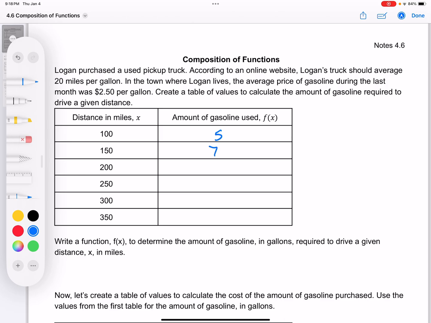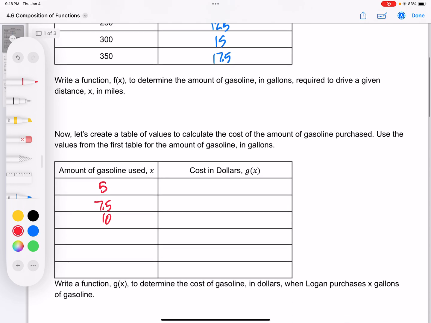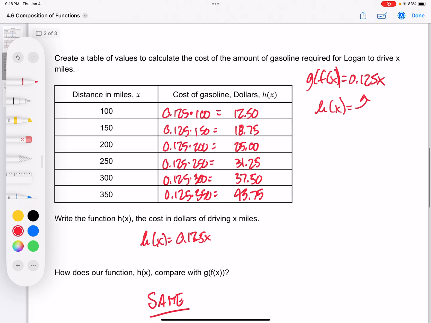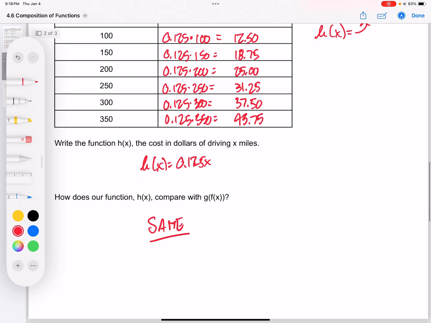This was 5, 7.5, 10, 12.5, 15, 17.5. We put those amounts in here, 5, 7.5, 10, 12.5, 15, and 17.5. Got the cost in dollars and realized that they were the same however we did it. So whether we went step by step or used the function rule.